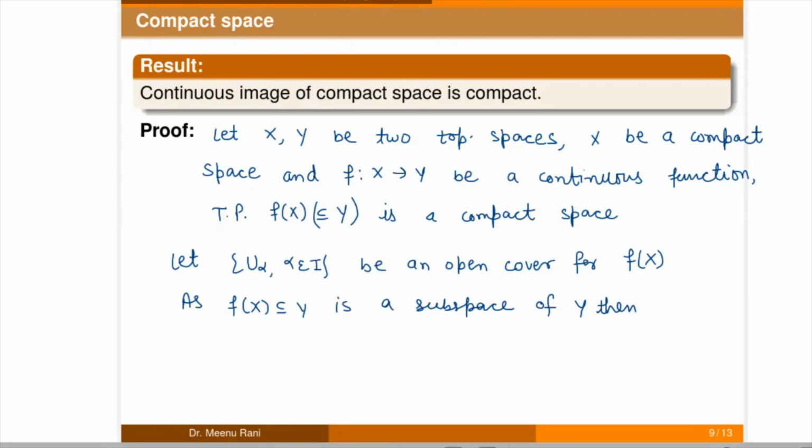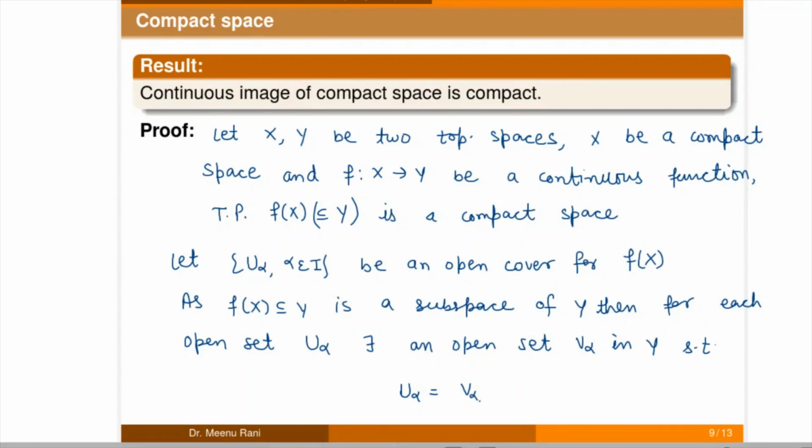Then for each open set u alpha, there exists an open set v alpha in y such that u alpha can be written as v alpha intersection with f of x.